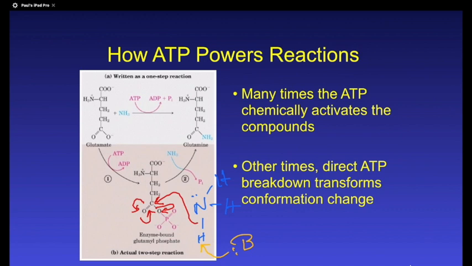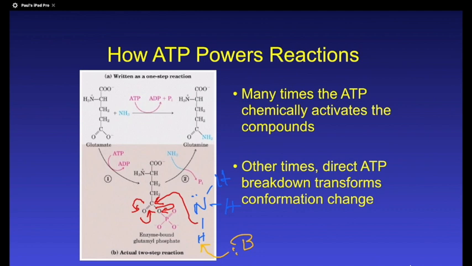Now, a lot of reactions will allow one phosphate to be transferred to become a good leaving group and then a secondary attack. This is how I invest the energy of the ATP into the molecule for a little short period of time and then allow that energy to be released when I want to finish out the reaction.